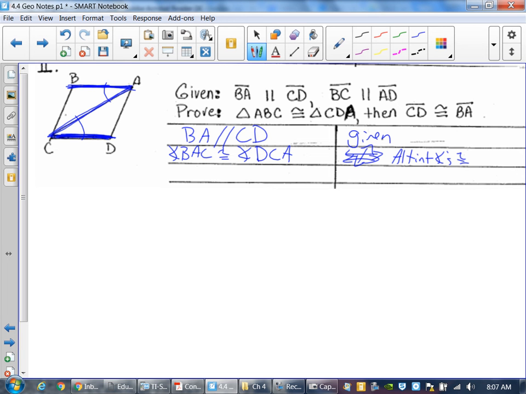Do the same thing with the other one. Again, you're following through. As you look through your transversal here, you get these 2. So you have BC.